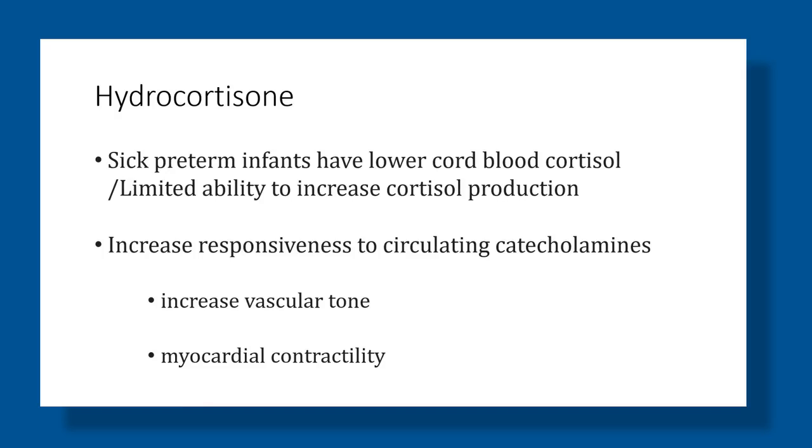Therefore, hydrocortisone at a dose of 2 mg per kg given 6 hourly has been found to be very useful in managing hypotension in babies. We know that it increases the responsiveness to circulating catecholamines, thereby increasing our myocardial contractility as well as vascular tone.